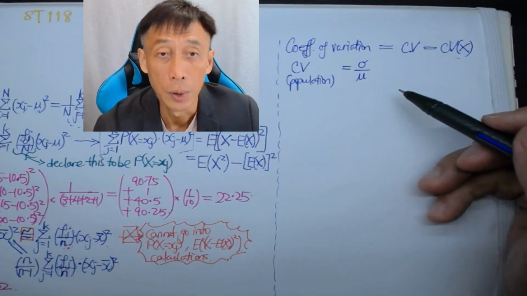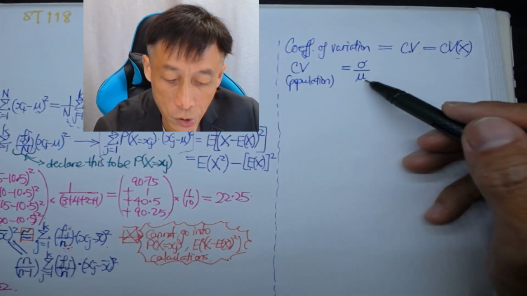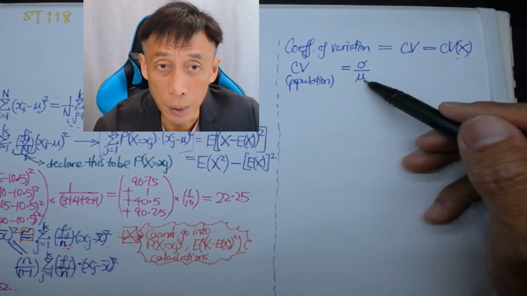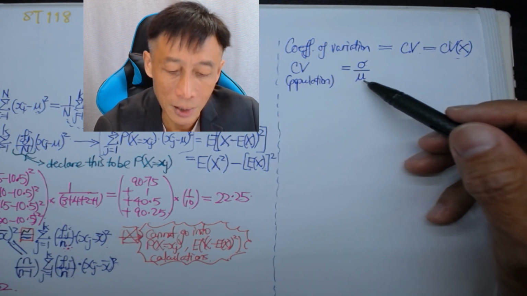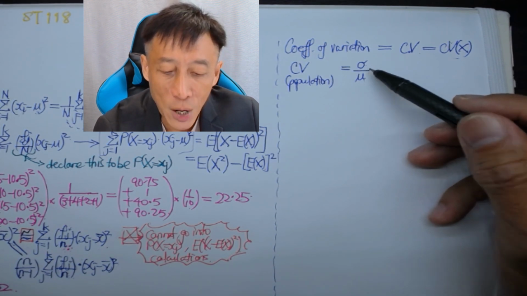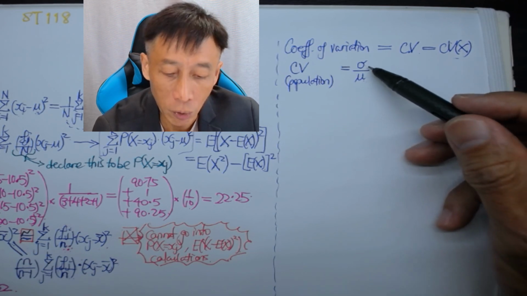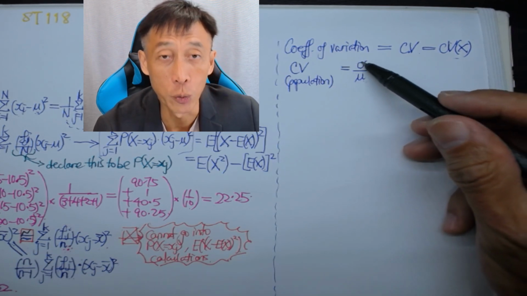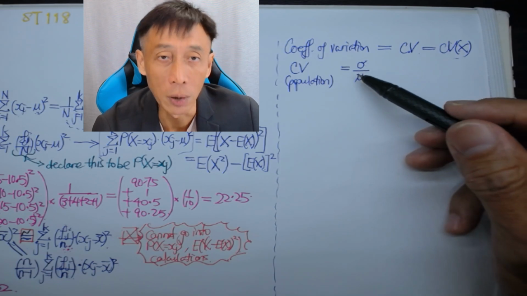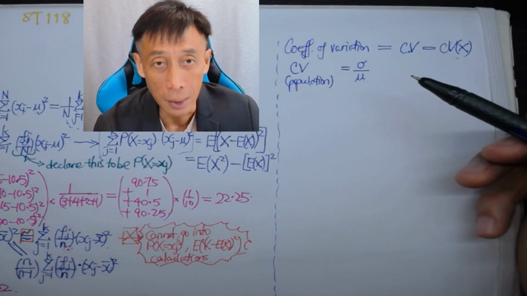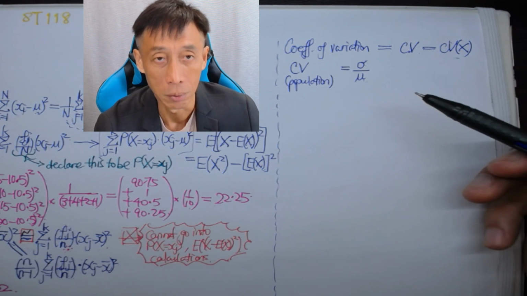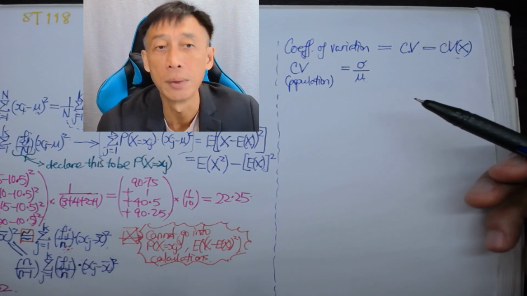Right? So this is the ratio of standard deviation over the mean. But it also means that it measures how much fluctuation unit average gives rise to. Nice, right? Because then it is comparable with other CVs.